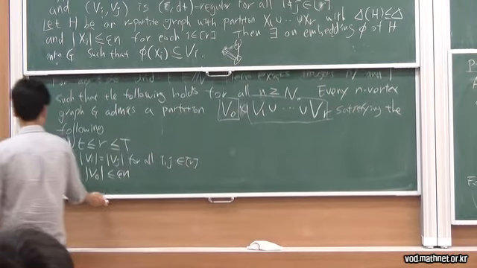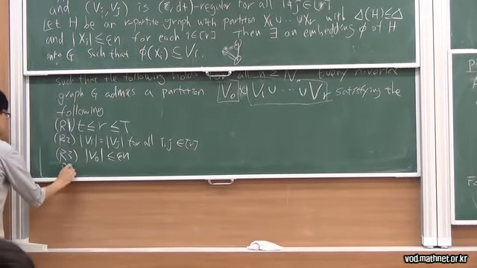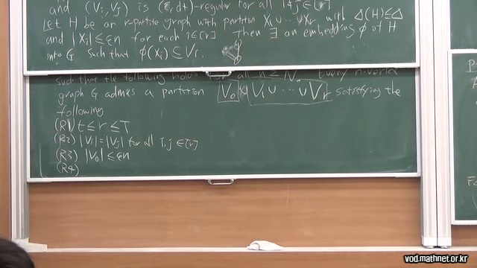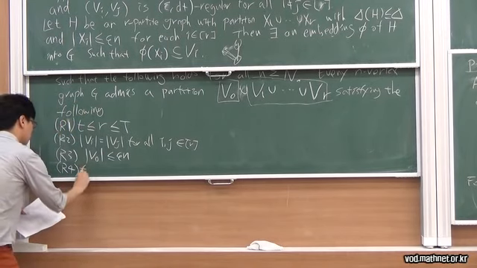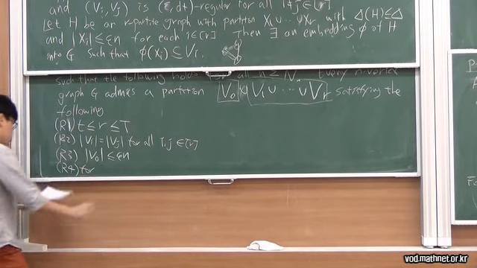And lastly, the rest of the vertex set, V1 to Vr, forms an almost epsilon regular structure.